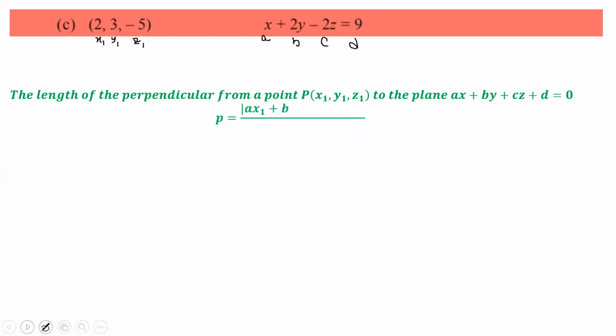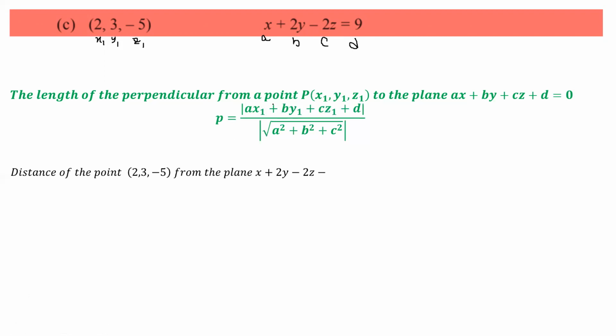Okay, so just compare the equation and just apply the formula. So x1 into a, that is 2 into 1, 2, then 3 into 2, 6, and minus 5 into minus 2, that is plus 10, minus 9.